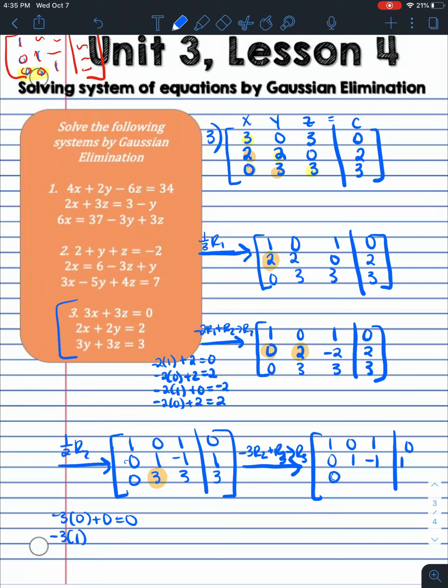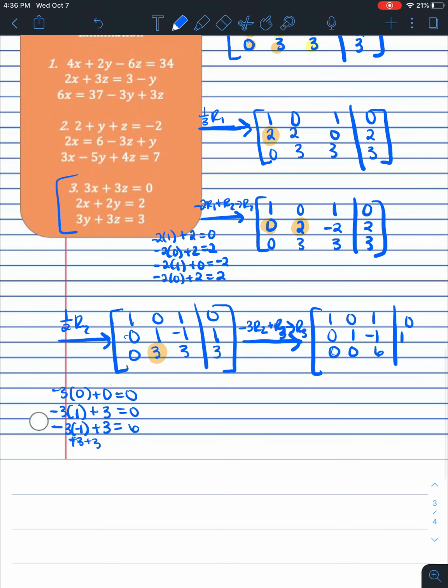Then I'm going to do -3 times the second position of row 2 plus the second position of row 3. So -3 plus 3 is 0. Then I'm going to do -3 times the third position of row 2 plus the third position of row 3. So -3 plus 3. Nope, sorry, that's +3. -3 times -1 is +3. Plus 3 is 6. So I'm going to have a 6 here.